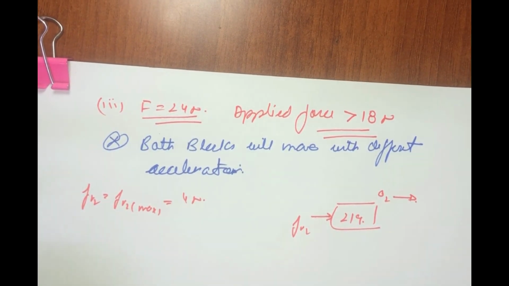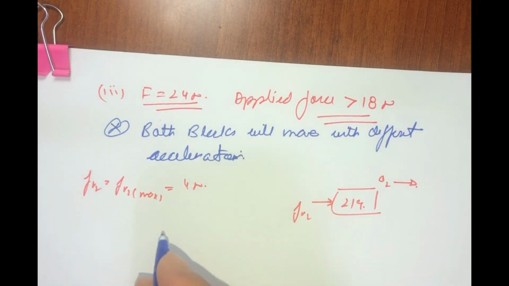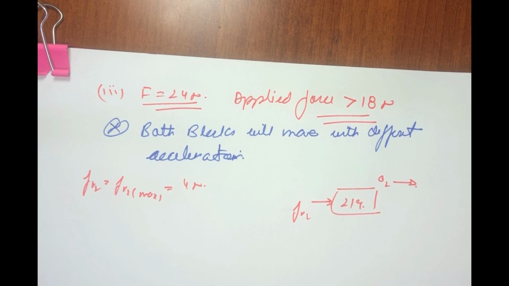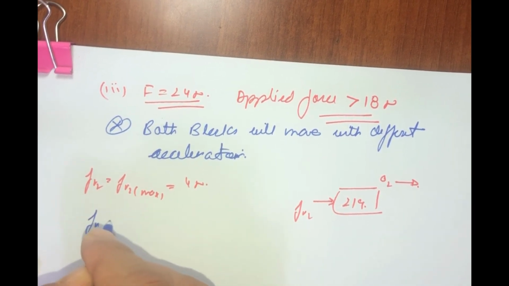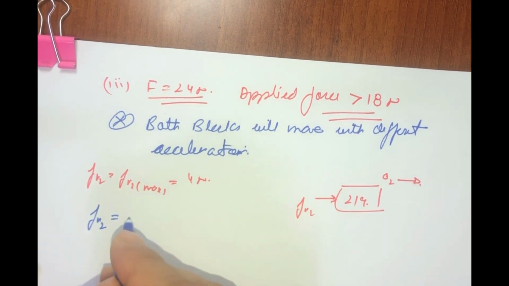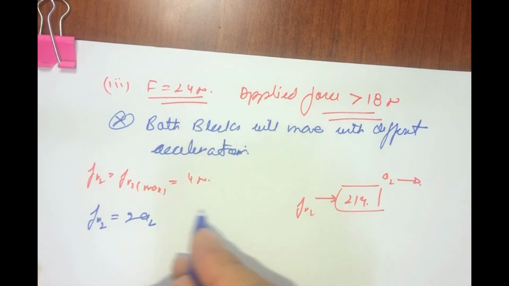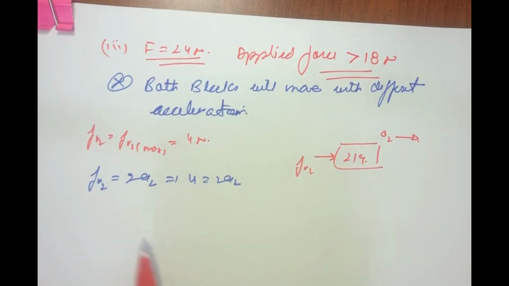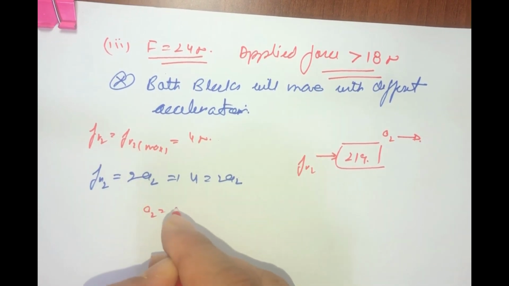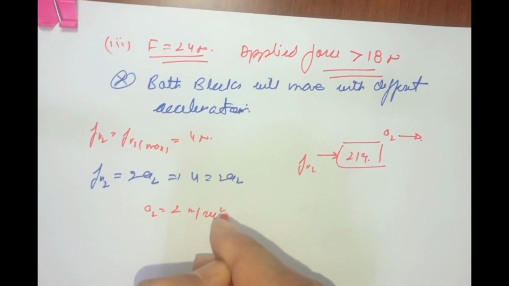So we have Fr2 = 2 A2, so we can say 4 is equal to 2 A2, so it means our A2 will be equal to 2 meter per second square.